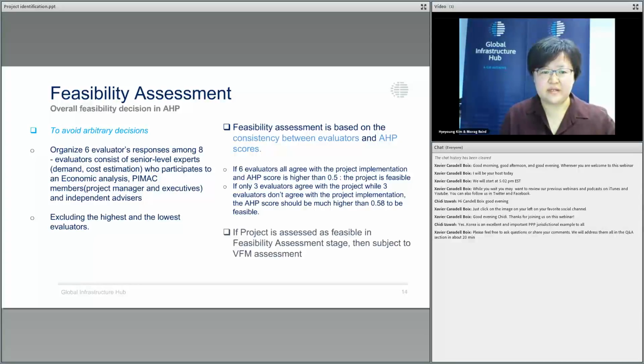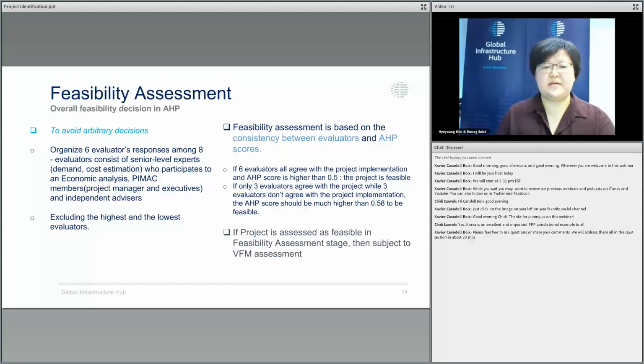For example, if the 6 evaluators all agree with the project implementation and the AHP score is higher than 0.5, the project is decided as feasible. But if only 3 evaluators agree with the project implementation, the AHP score should be much higher, at 0.58, to be feasible.